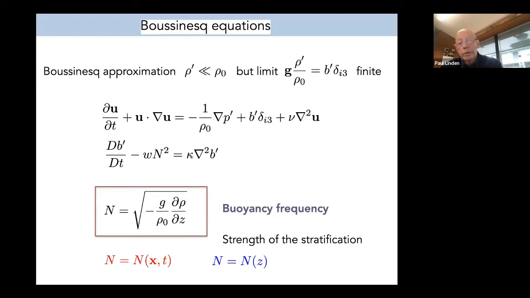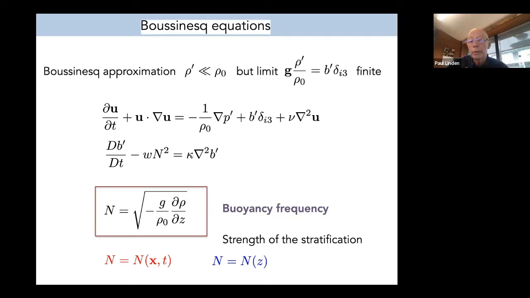W here is the vertical velocity, and N squared is the buoyancy frequency. It's given here in this box and is related, of course, to the vertical gradient of density. And so essentially, when you move up and down with a vertical velocity W in a background density gradient described by N, you generate buoyancy.